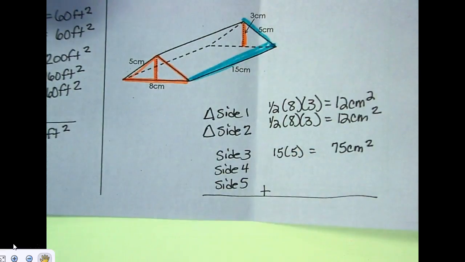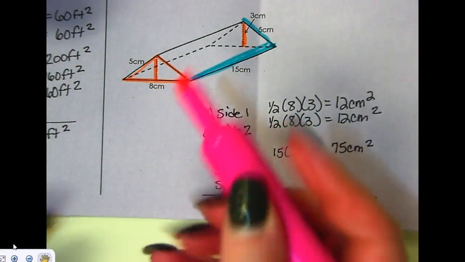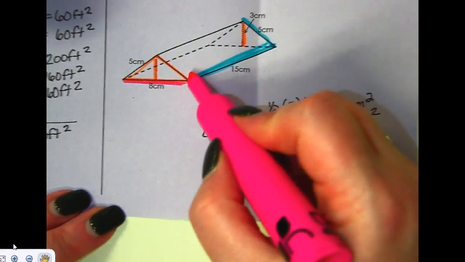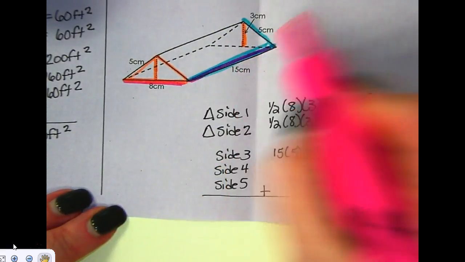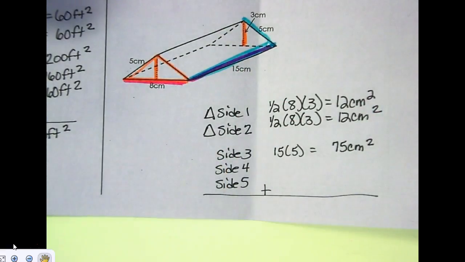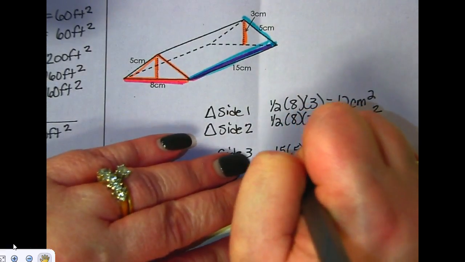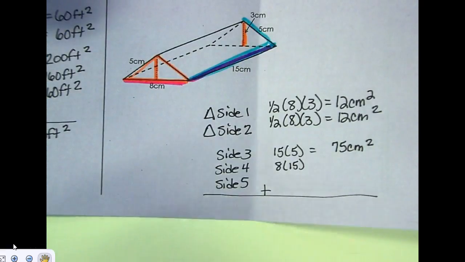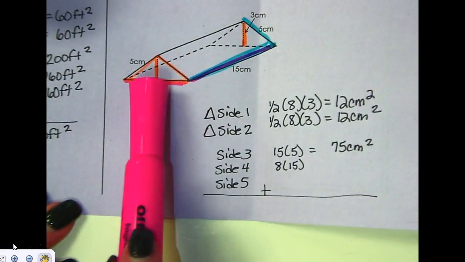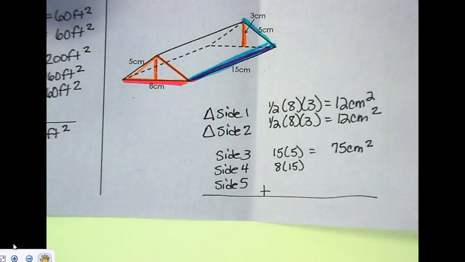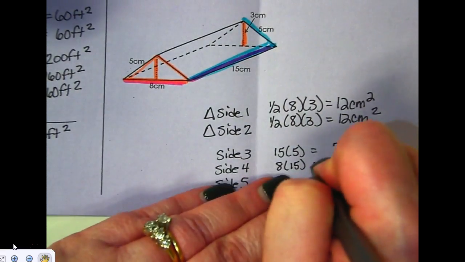All right, let's look at the bottom. So I have 8 here, and I have 15. 8 times 15. Why? If this right here is 8. Oh, okay. So it is 120.